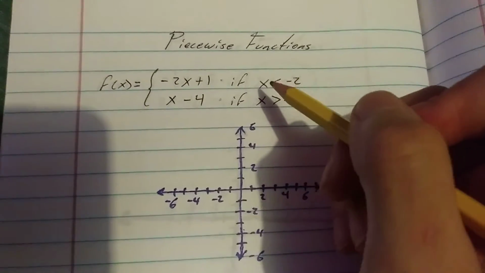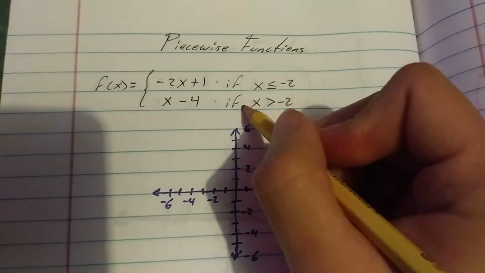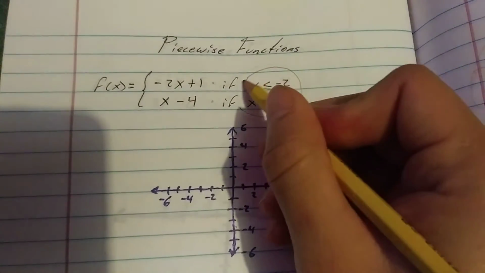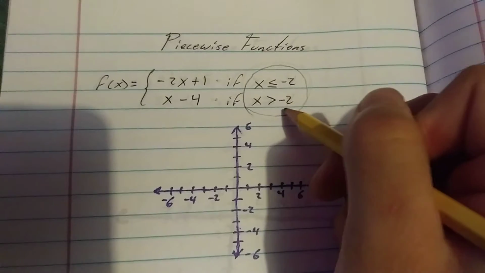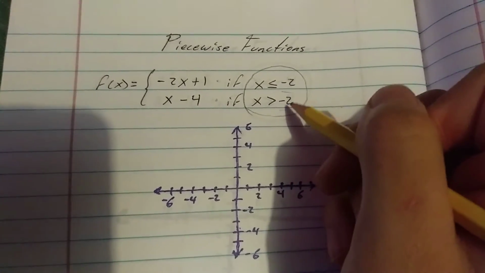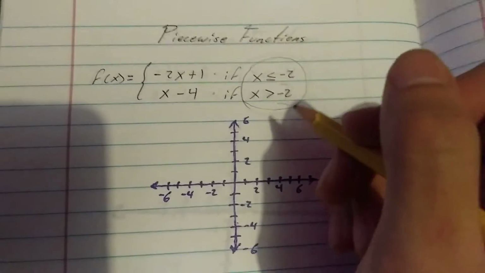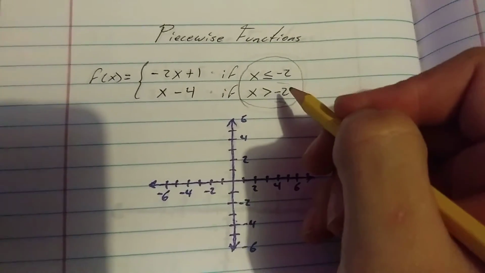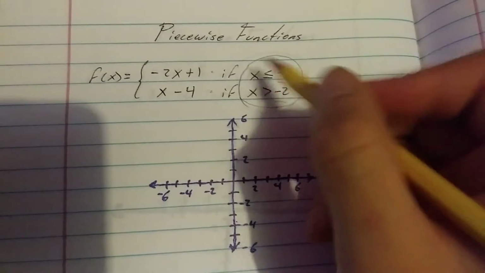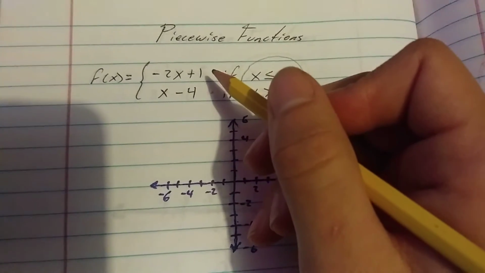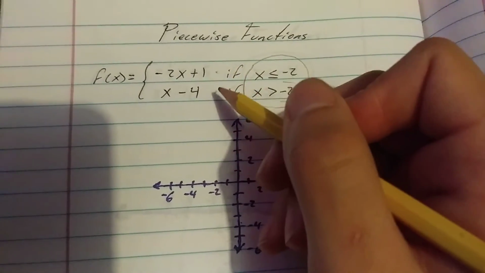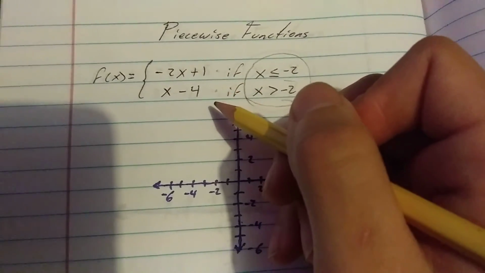Alright, so the first thing that I like to do is look at these values here. Look at the different numbers that you're given. The only number given is -2. You can have more numbers, but for that to happen you would need more than two functions.